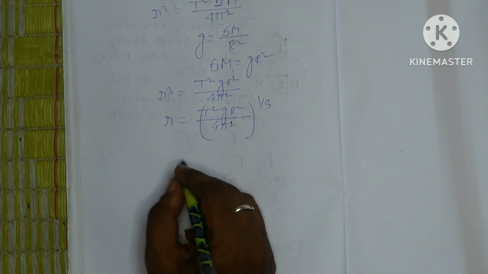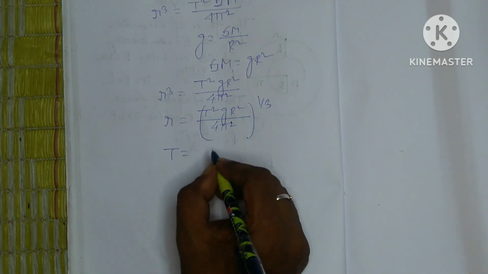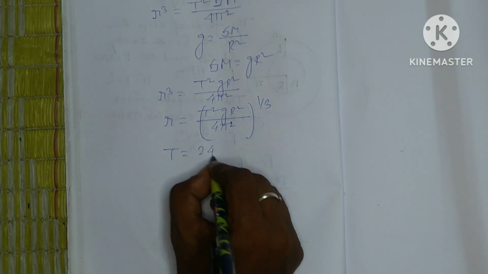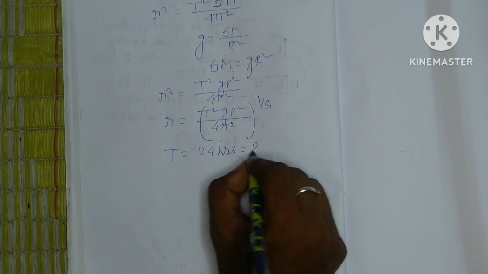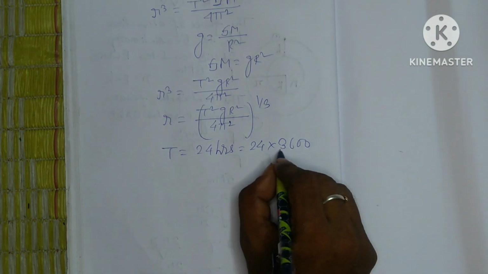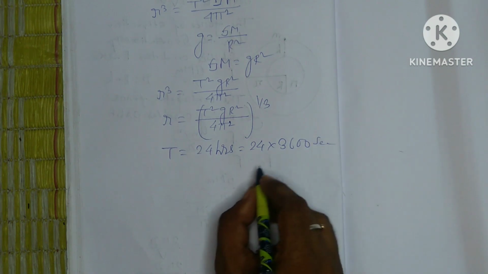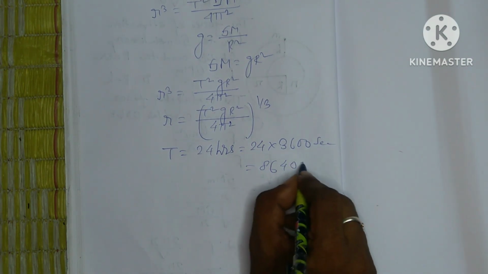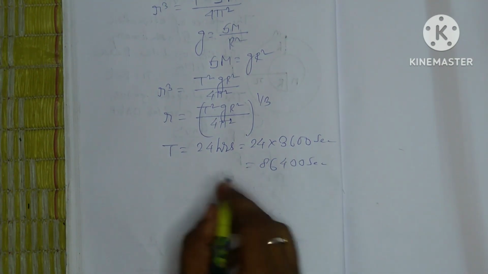Here T equal to 24 hours, that is 24 into 3600, that is 86400 seconds.